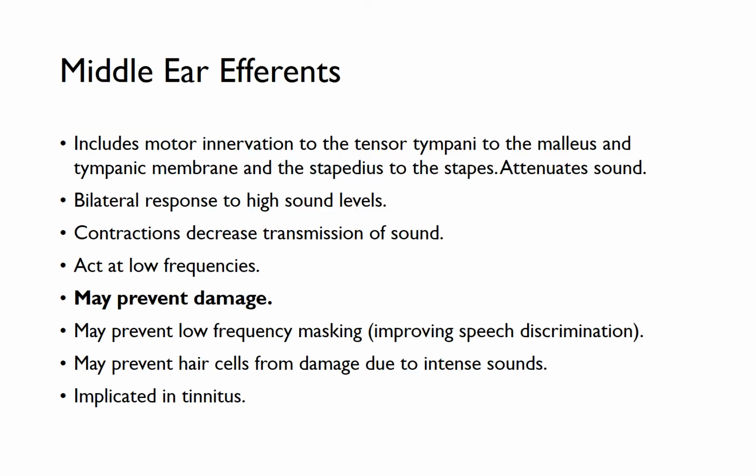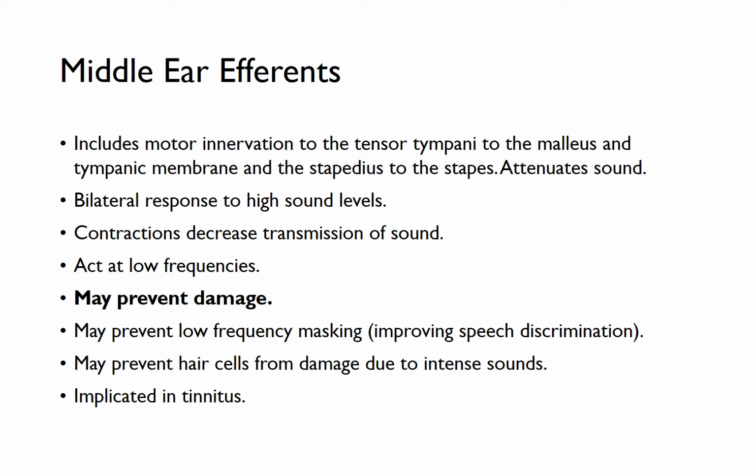Next, we have middle ear efferents. These are motor innervation to the muscles of the middle ear, like the tensor tympani and also the stapedius, and essentially serve to attenuate sound. Again, this is a bilateral response to very intense, high levels of sound that might damage hair cells, and essentially is tensing or constricting those muscles to keep the ossicles, like the malleus and stapes, from moving.